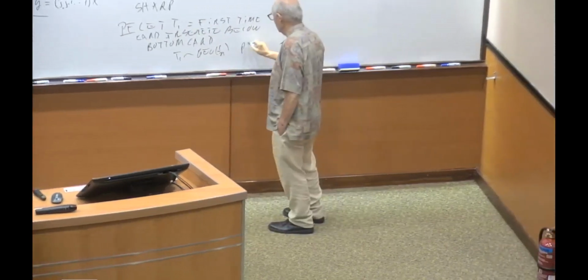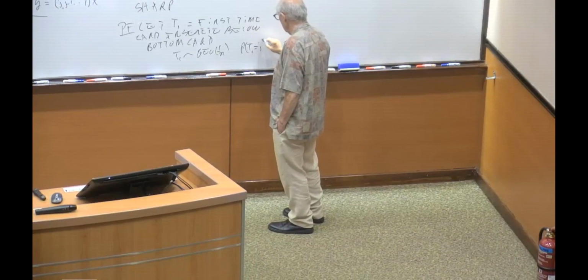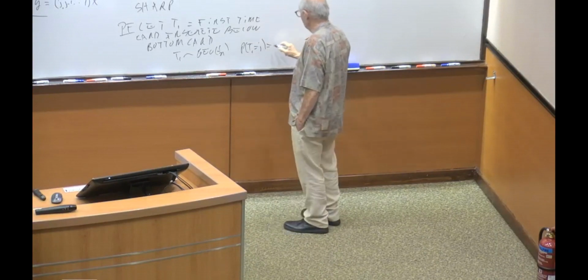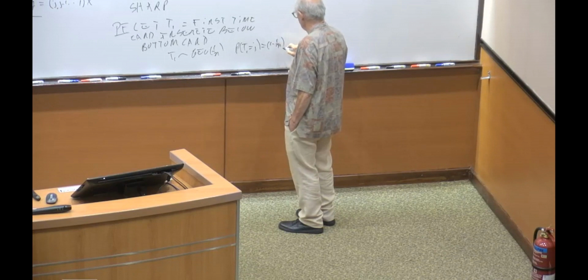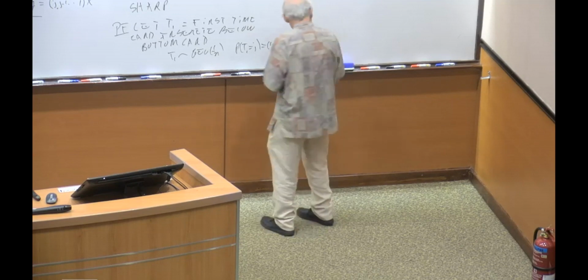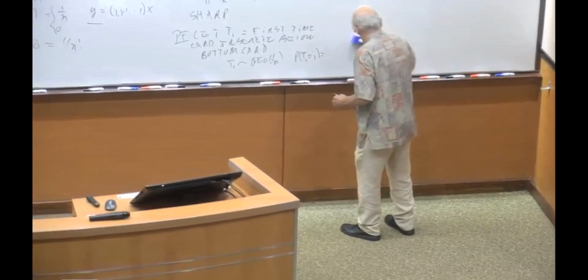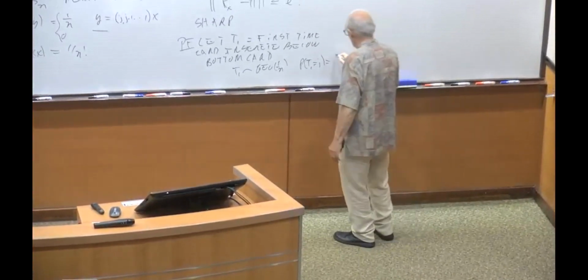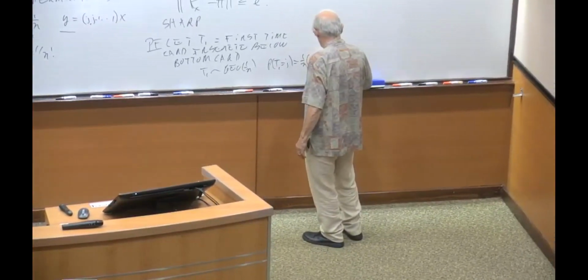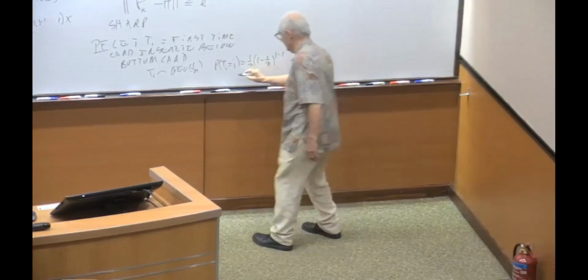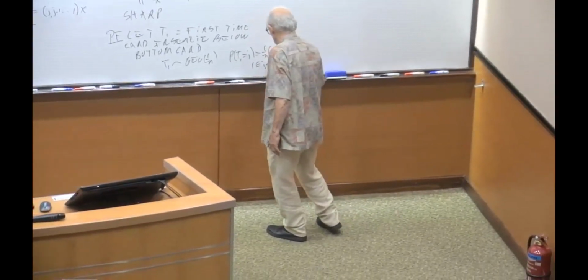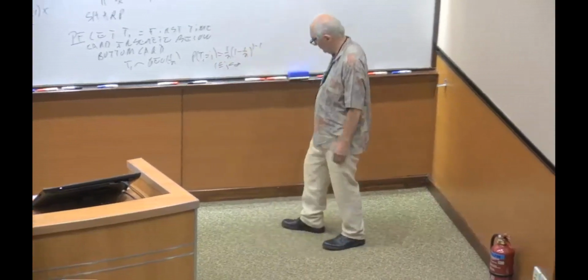That means the probability that T1 is equal to j is equal to, well, what's it equal to? It's equal to 1 minus 1 over n times, no, it's the other way around. It's equal to 1 over n times 1 minus 1 over n to the j minus 1, for 1 less than or equal to j less than infinity. That's the geometric distribution.